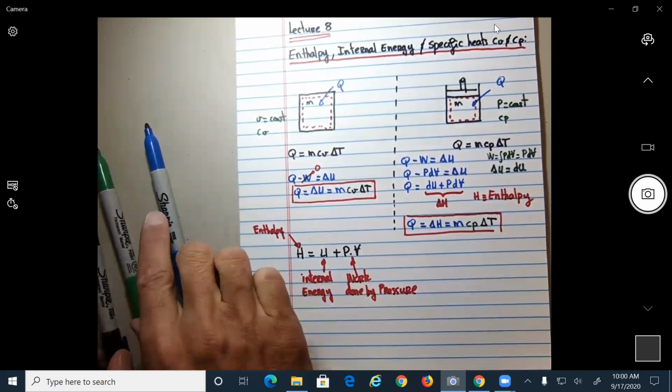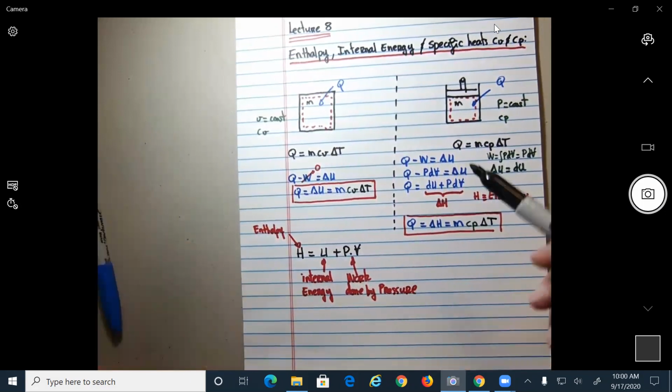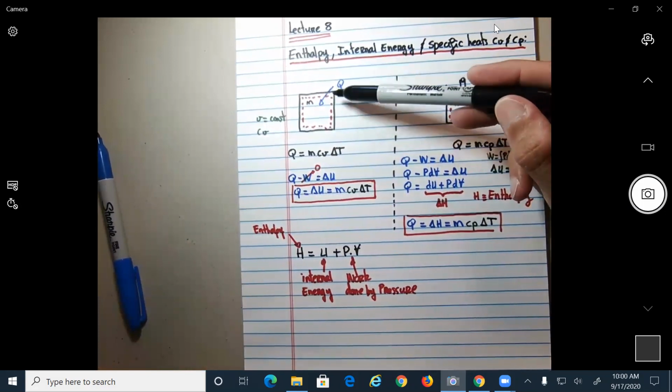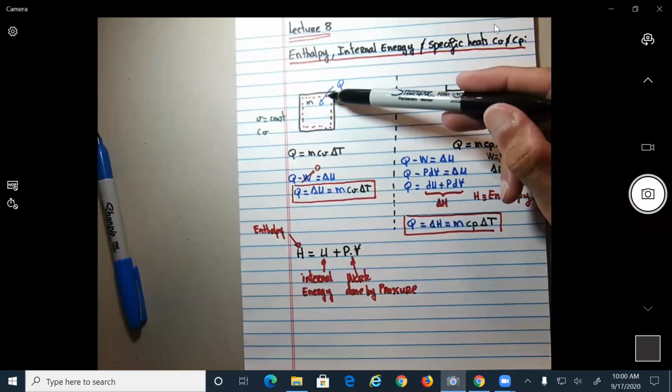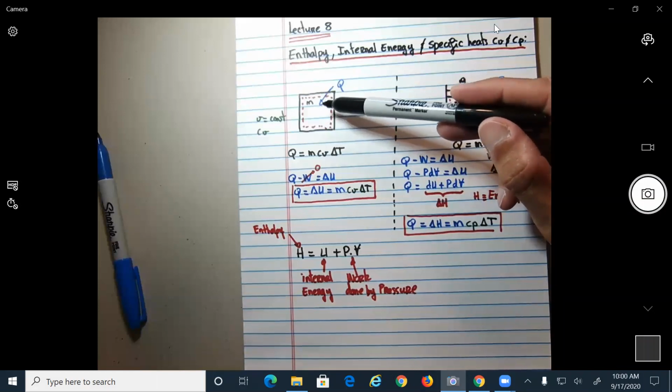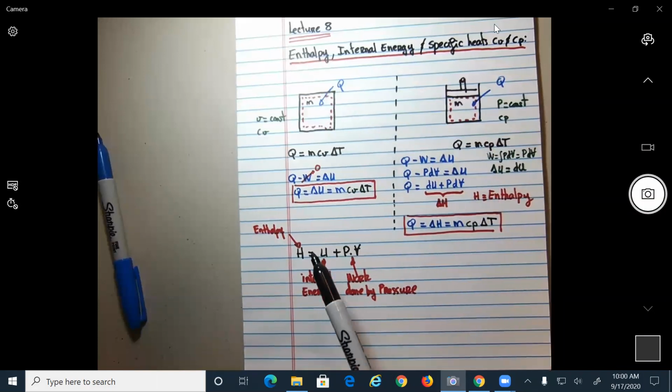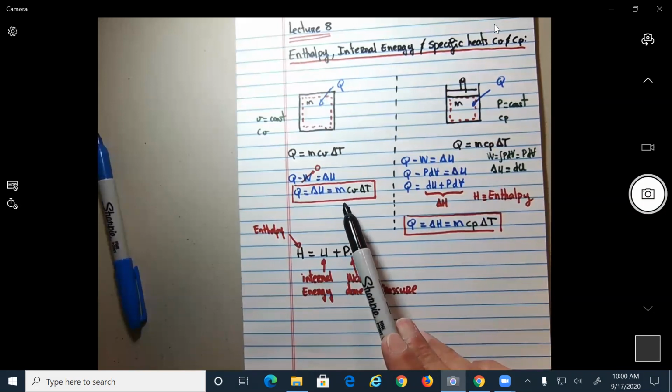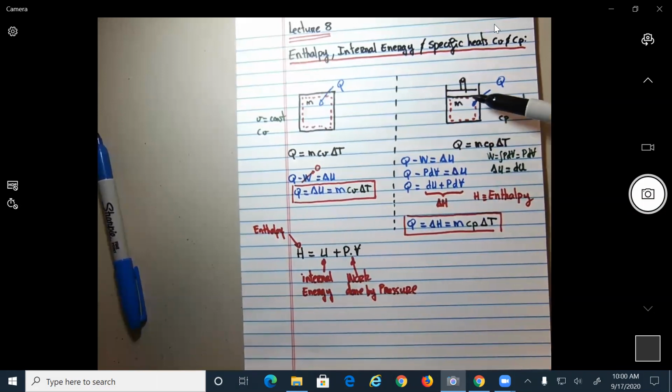Okay, so let's go back for a second. In this case, the system is closed, but the volume is constant. So in this case, what do you use? C sub V. If you have a closed system, and the mass is still constant, but this is a piston cylinder assembly, then the pressure is constant.